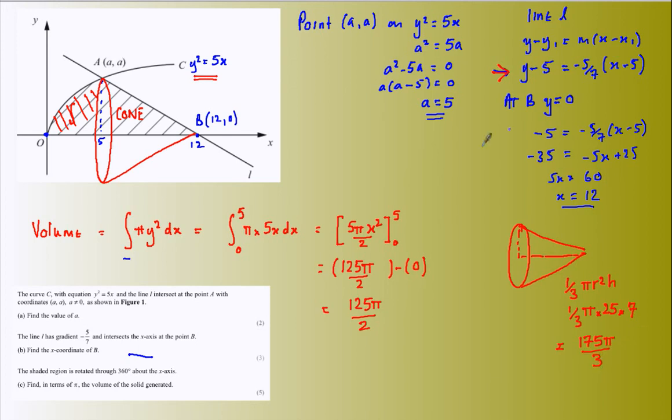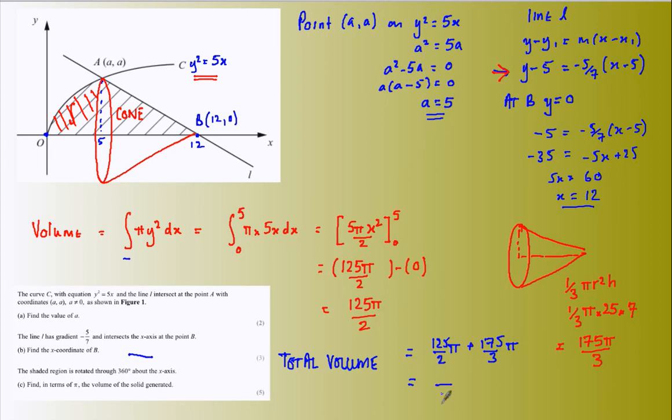And total volume then, what I've got to do is put these together and hope I don't run out of room. 125 over 2 pi plus 175 over 3 pi.